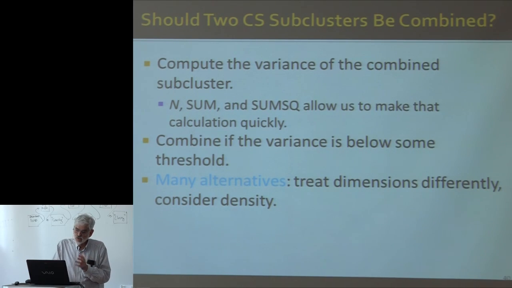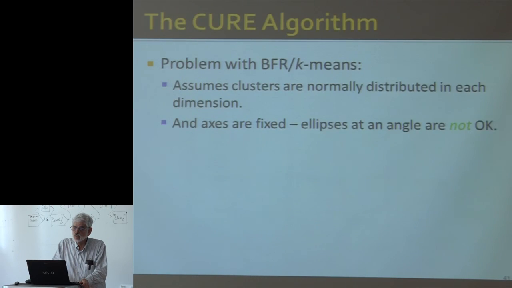Okay, so that's one way that they suggest to do it. And then there are a whole bunch of other ways, and I haven't even listed them here, but you can imagine different ways to decide, should I merge 2 members of the compressed set?